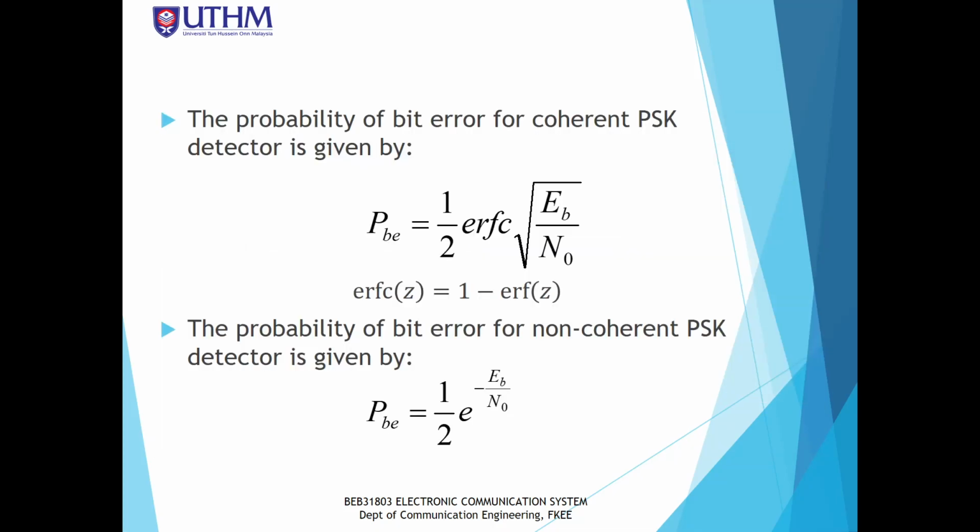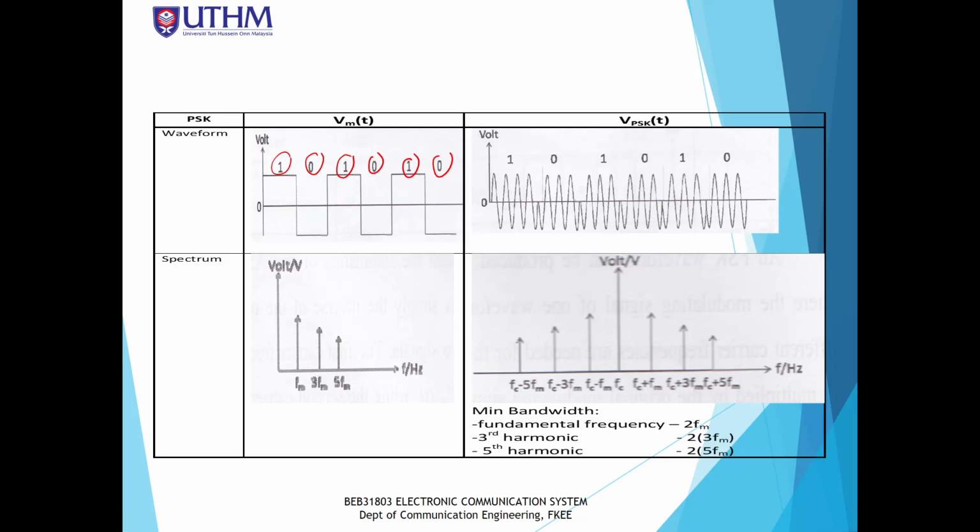Input logic 1 gives a sine wave, input logic 0 gives a negative sine, logic 1 gives a sine wave again, logic 0 gives a negative sine, and so on. So the phase difference is 180 degrees between logic 0 and logic 1.